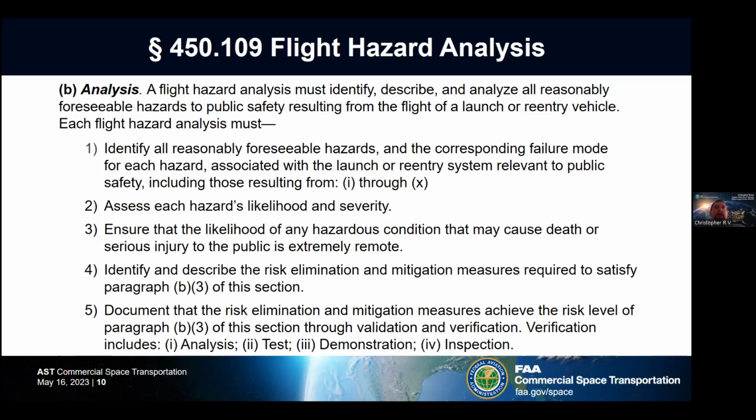451.109(b) states that a flight hazard analysis must identify, describe, and analyze all reasonably foreseeable hazards to the public resulting from the flight of a launch or reentry vehicle.